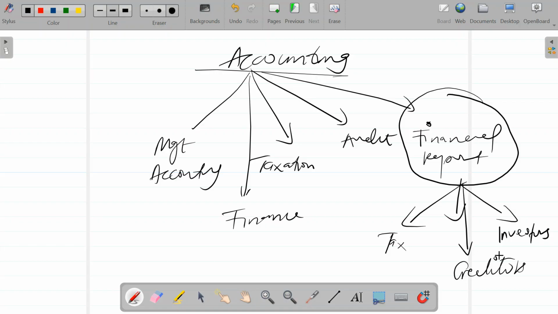And customers, employees, even employees want to know whether the company they are working for is doing well. If not, they will have to advise themselves ahead of time before the roof falls on their head. They have to know what's going on in the business first before they decide what to do. So a lot of people are interested in the financial report, and they will use it to make different kinds of decisions.